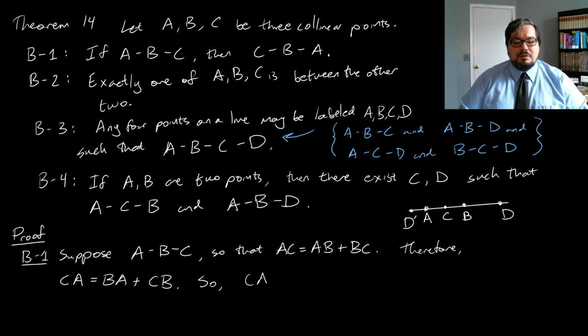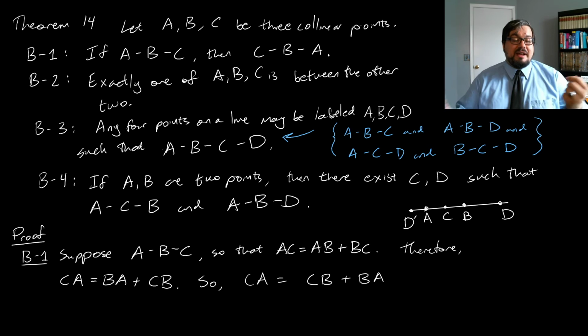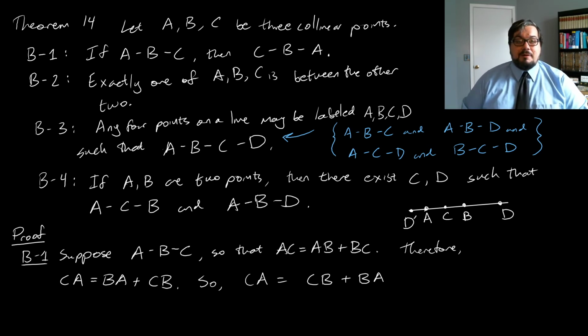And furthermore, we can rewrite the right-hand side of this equation just by exchanging the order of the terms, because of course addition doesn't care about what order you do things in. But CA equals CB plus AB is exactly the definition of betweenness.